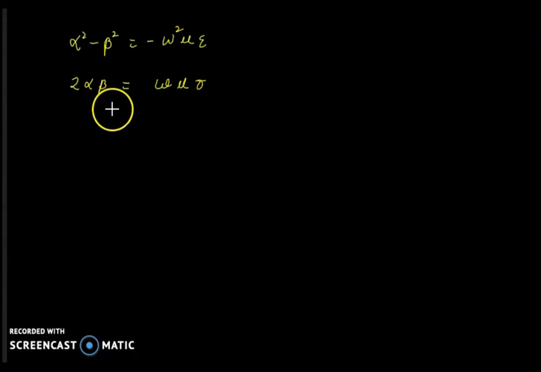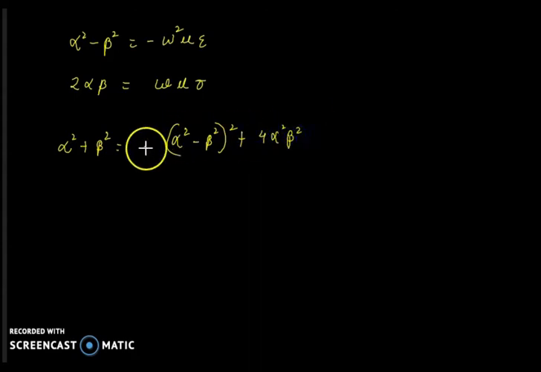Now I am going to use another quadratic identity, using alpha square minus beta square and 2 alpha beta. So alpha square plus beta square is the square root of alpha square minus beta square whole square plus 4 alpha square beta square.